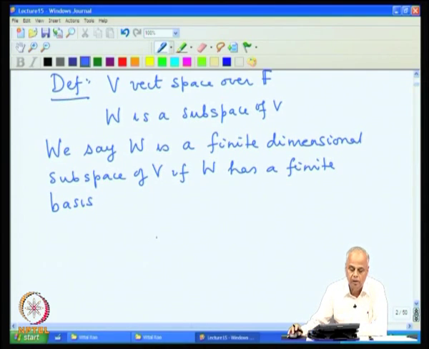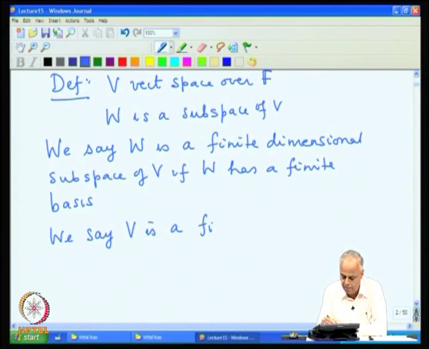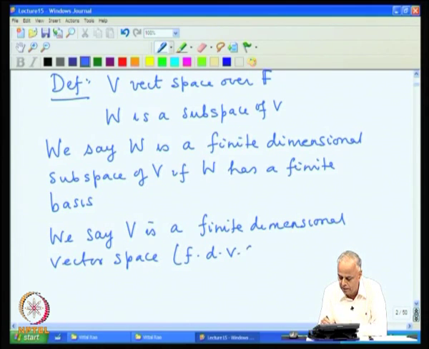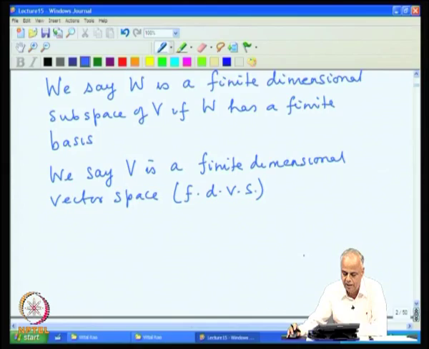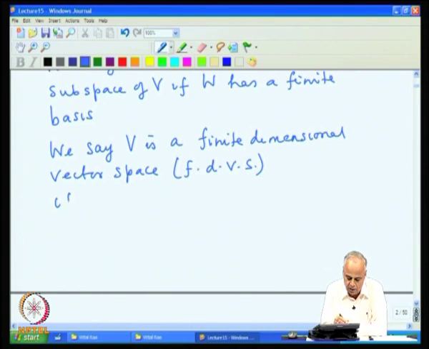In particular, if we take W as V itself, we say V is a finite dimensional vector space, which from now on in short form we will write as FDVS, if V has a finite basis.